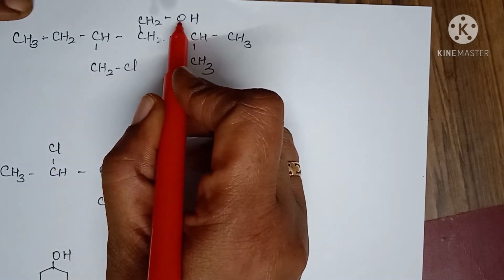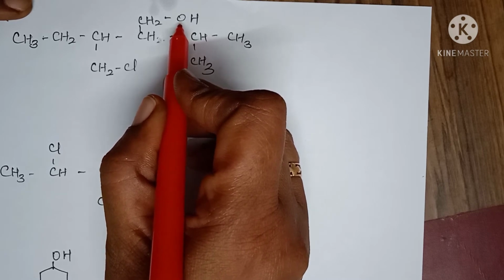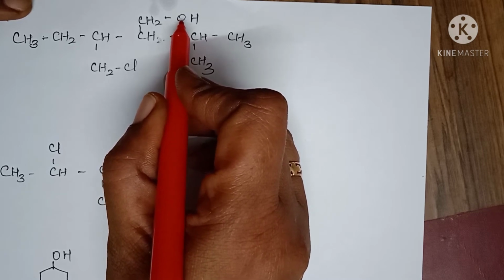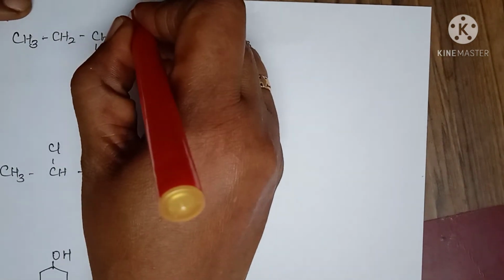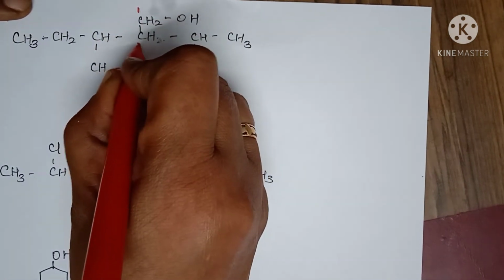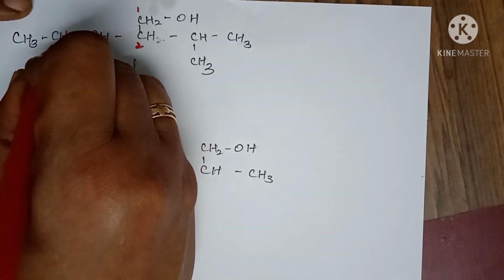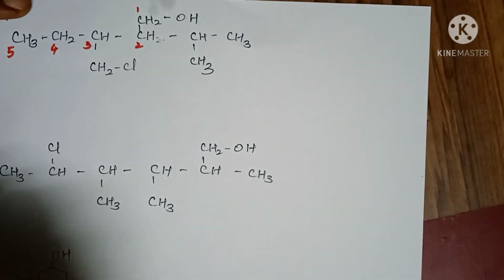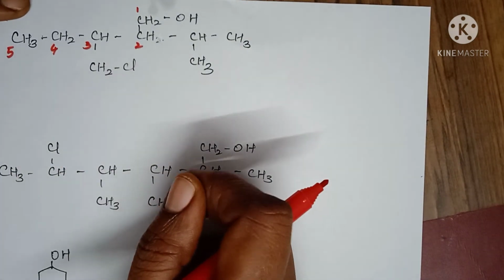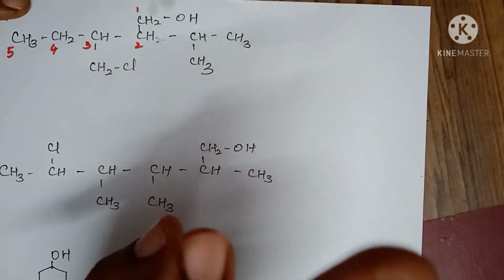Of course, here is the functional group. The OH group is attached. So wherever the functional group is, there you have to start the numbering. So that means 1, 2, 3, 4, 5. Numbering system over. Now, directly the IUPAC name only we are writing, so the common name no need to mention.